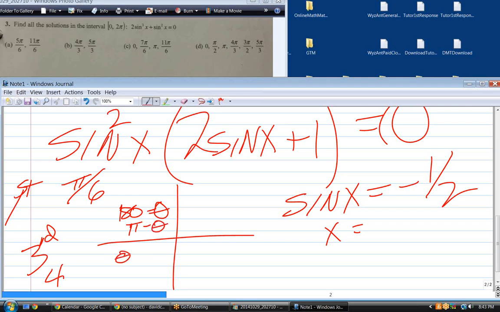And this one is 180 plus theta, or theta minus pi. So if I want to find my third quadrant angle that is equal to pi over 6, I just add pi to both sides. Pi plus pi over 6 is 7 pi over 6.